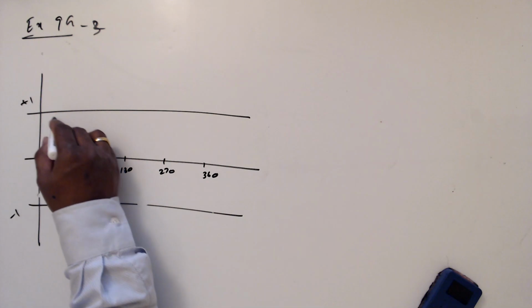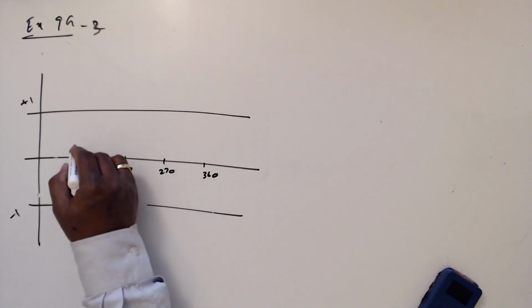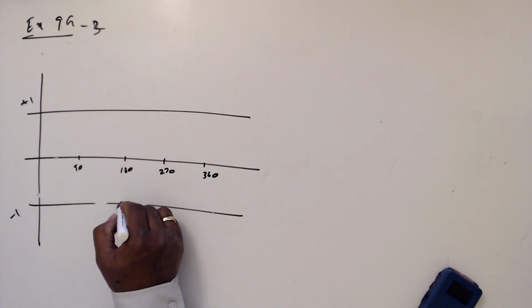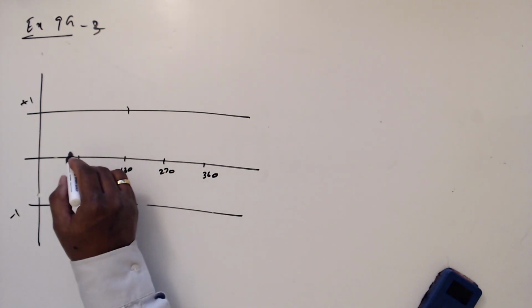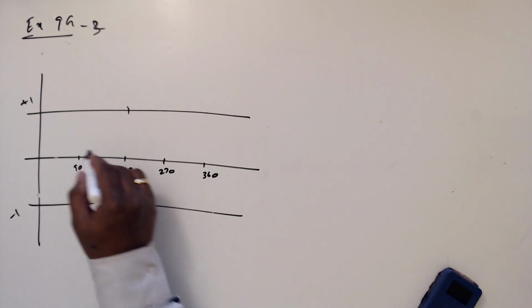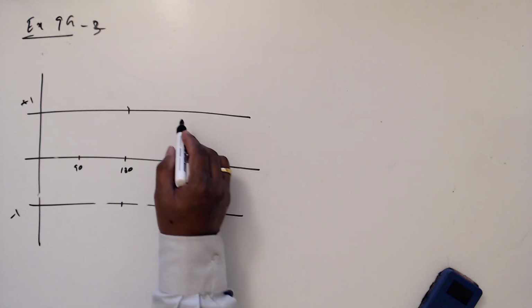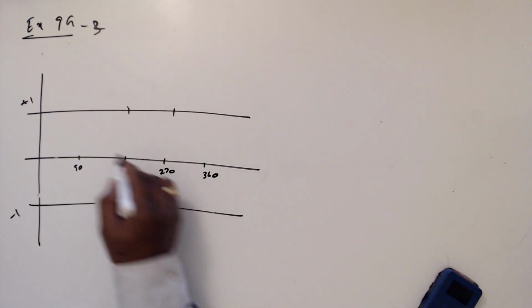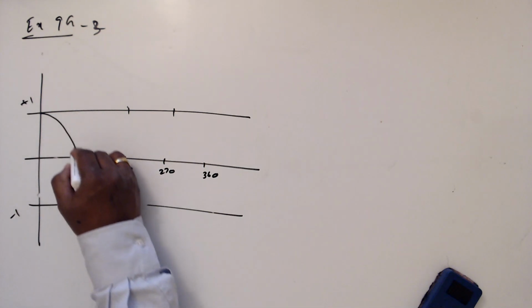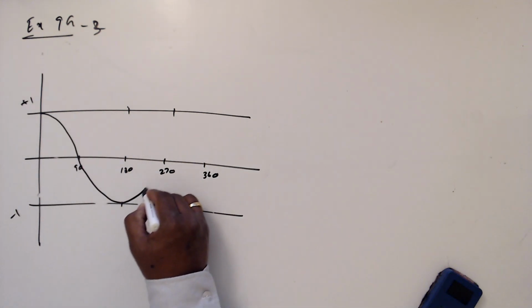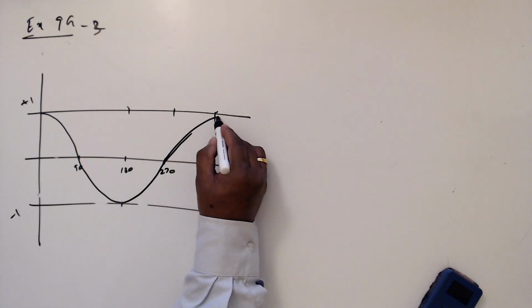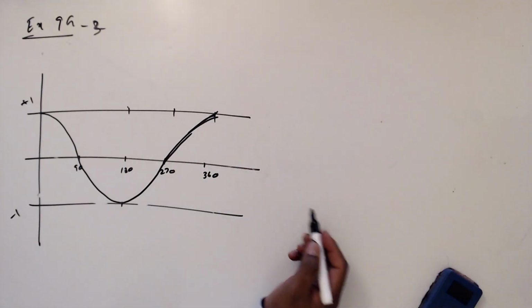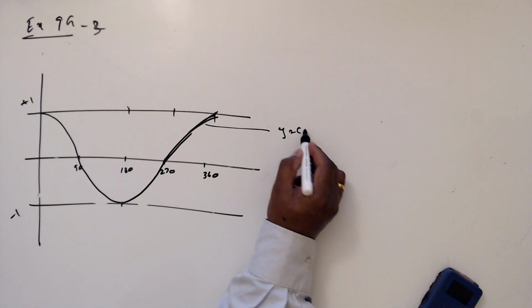First of all, draw the cos one. So this is y equals cos theta.